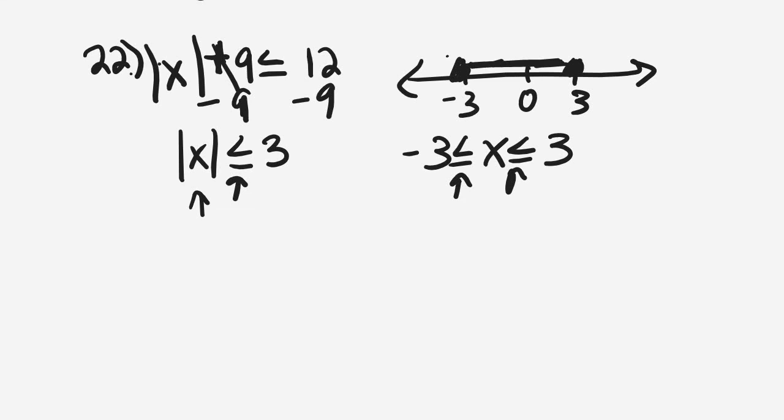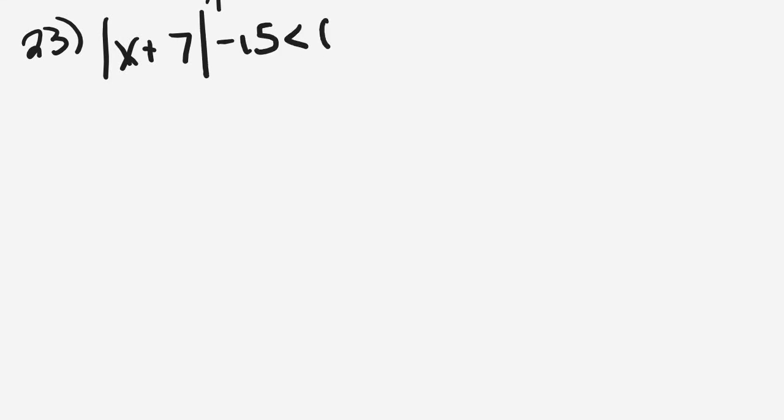All right, let's see what 23 is telling us. 23 says, absolute value of x plus 7 minus 15 is less than 6. All right. So we want to isolate the little house, this guy right here.